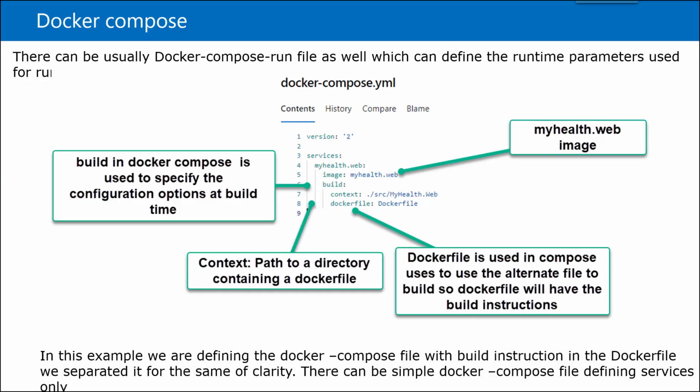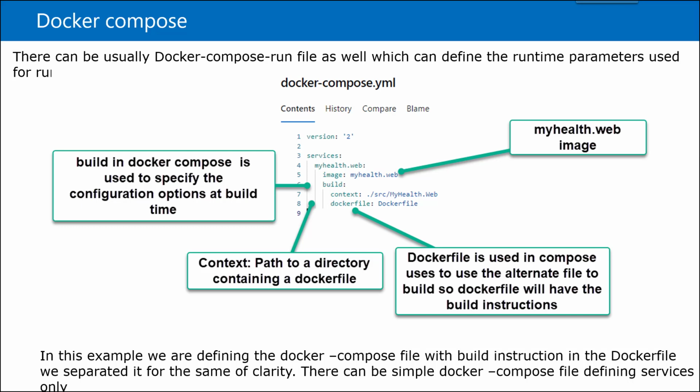Let's understand Docker Compose. Generally we can define multiple Docker Compose files. For example, we can define a Docker Compose main file where we define all the services required to run, and this file should only contain the services and their images.